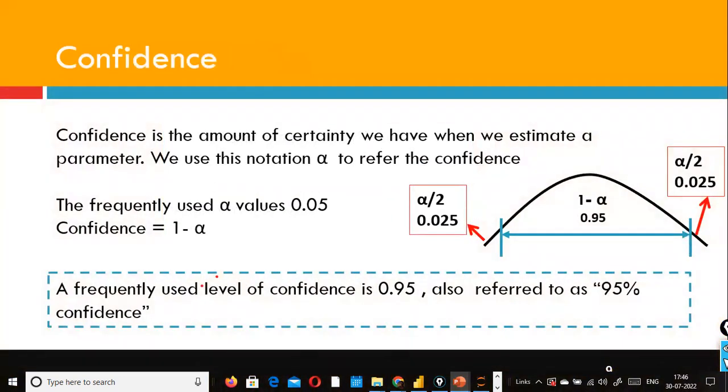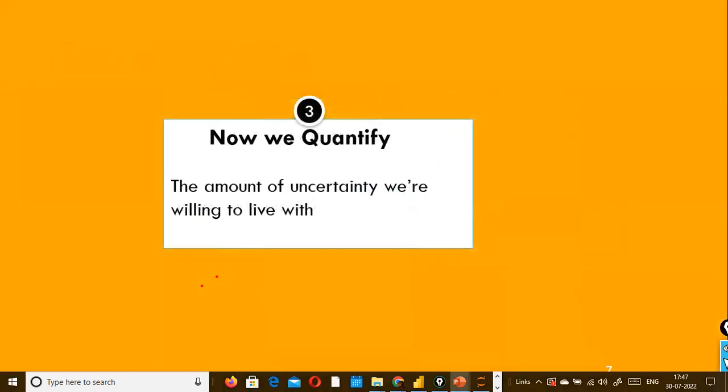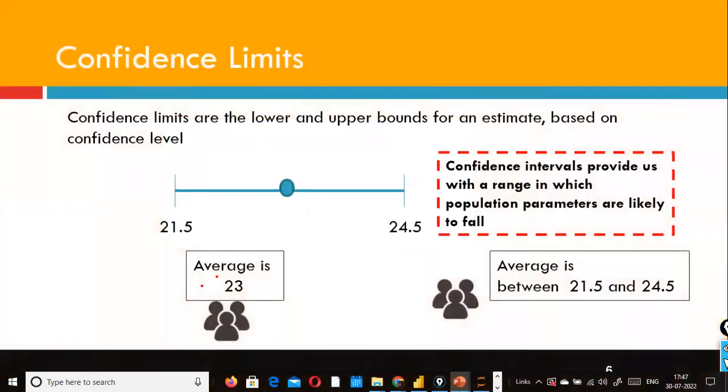And the next one is, if you tell your manager, I will come tomorrow anywhere between 9:30 to 10:30, he's asking another question. How confident are you that you can make it between 9:30 to 10:30? What you gave him was the range of values, the confidence interval.